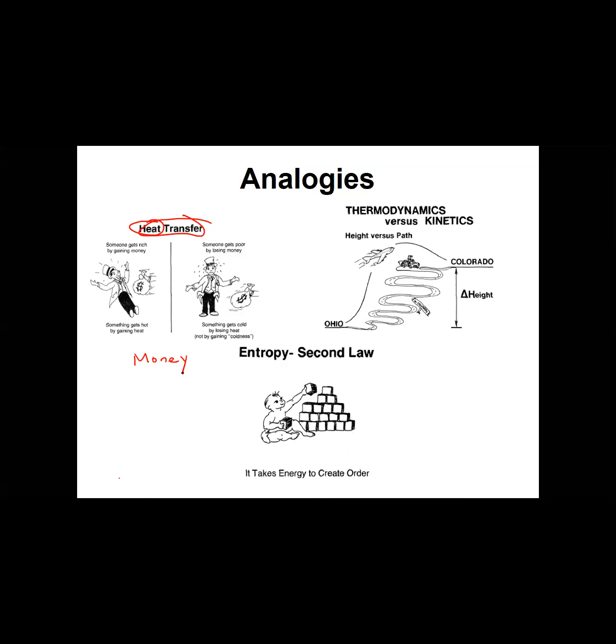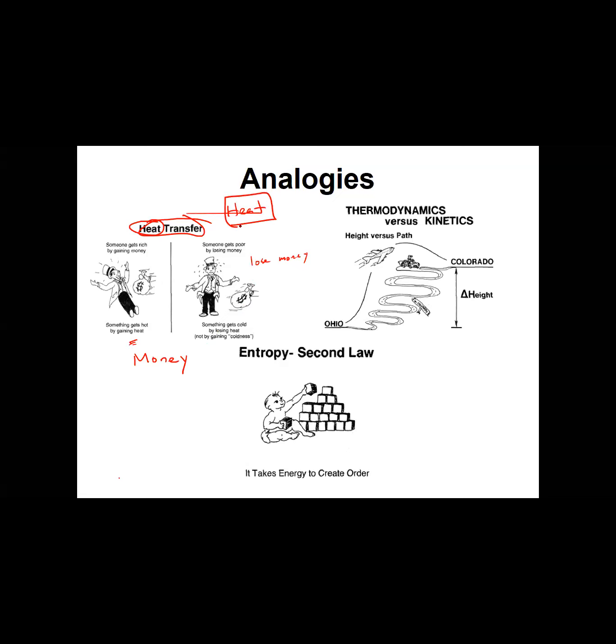When someone gets rich, usually it's because you get money. And when something gets hot, usually it happens because you gain heat. And when someone gets poor, usually it's because you lose money. But when something gets cold, it means you lose heat. It doesn't mean you gain coldness, right? Because in the first place, we call it heat.